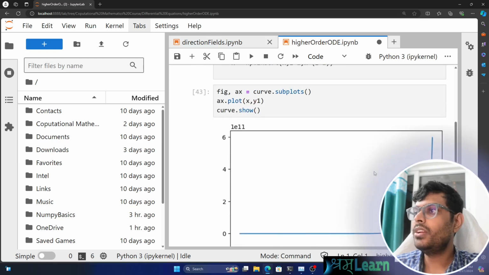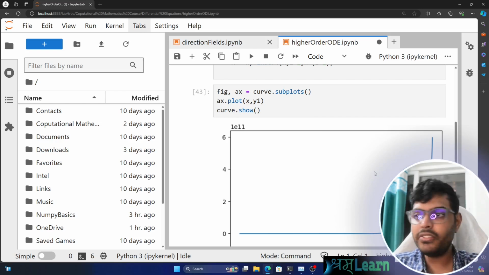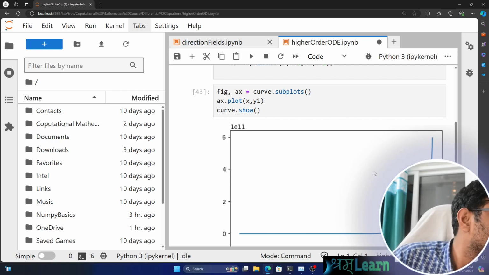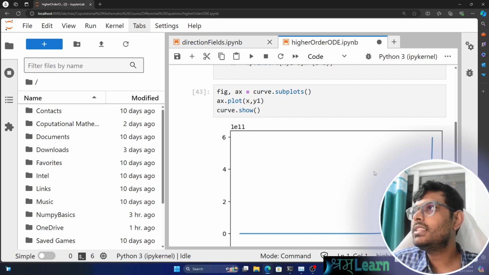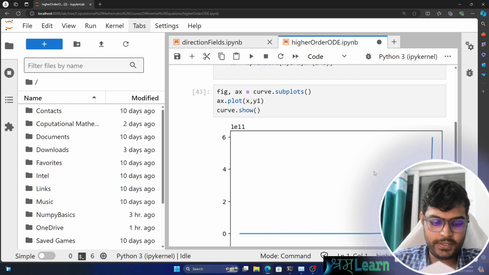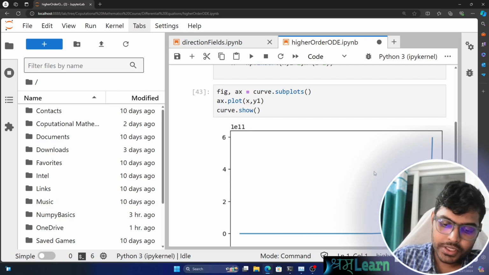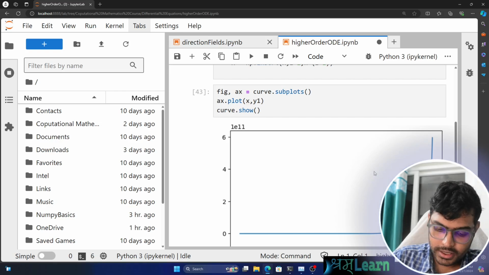Okay, so there is another differential equation for which I wanted to find the solution, because the solution is given in this book. So it happens to be a sinusoidal wave, and you can find out the solution easily.